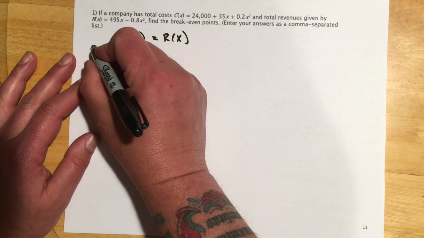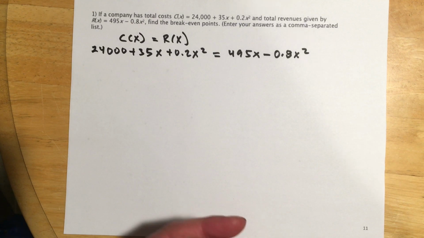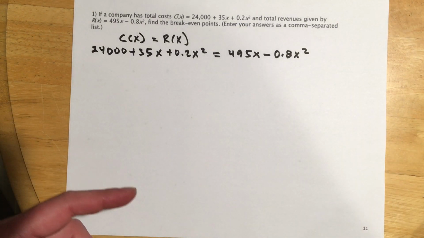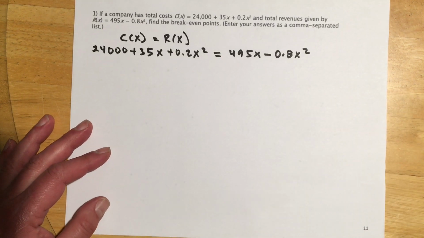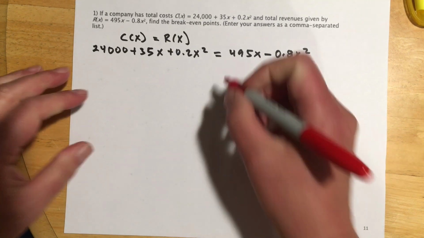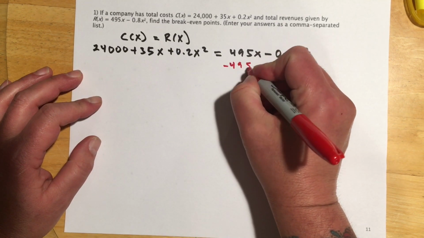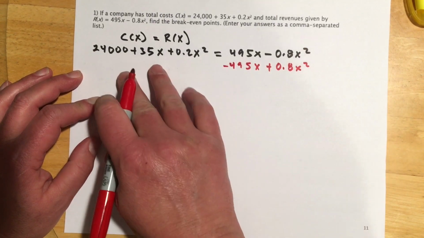I'll just take this one, 2400. And then once I do that, I want to get everything over to one side. I think I'm going to solve in the direction where I get a positive x squared. So I'm going to go minus 495 and plus, and I'll do the same thing on this side.